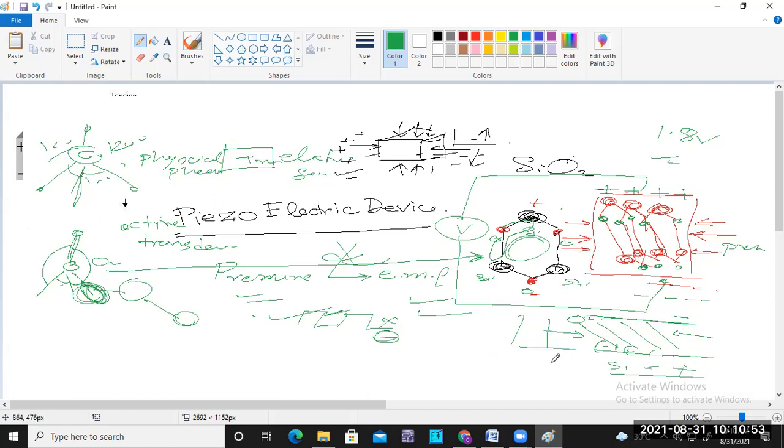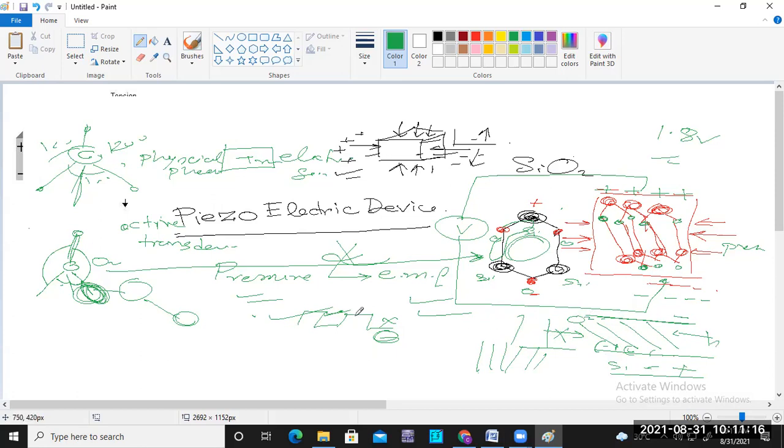And again, if you release this force, it changes its angle again. It becomes just like this type of straight line. So then it is not providing any positive or negative. Okay, and it will compress.